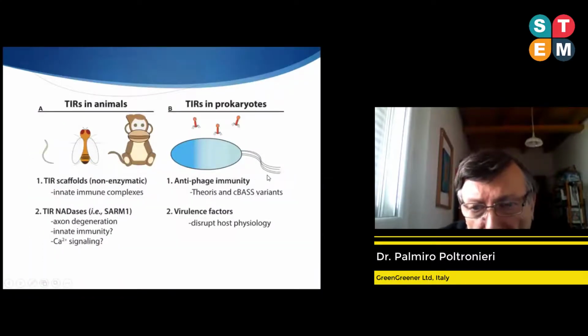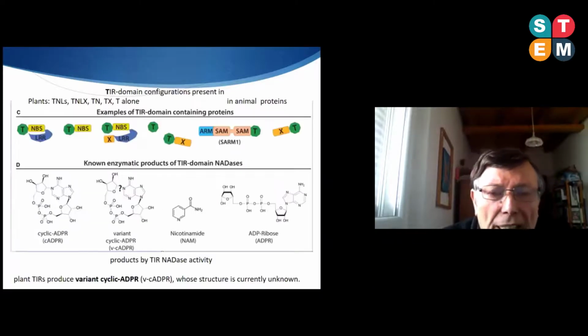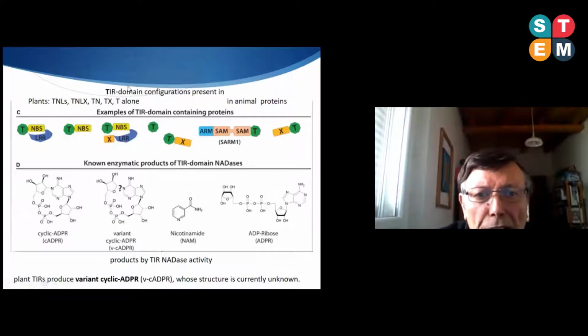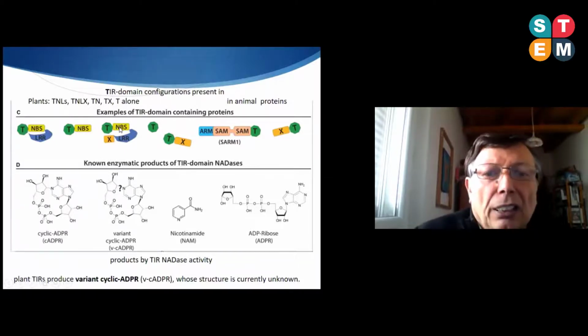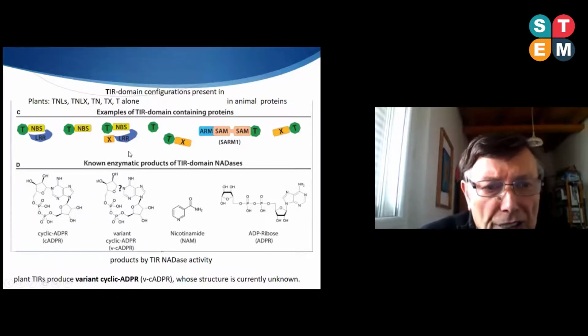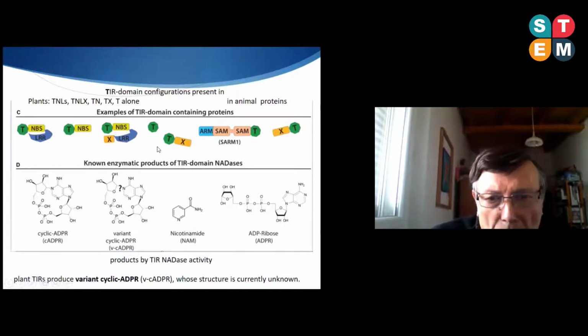And this is just a talk about the other kingdom of life, and this is plants again. So the TIR domain in plants can form modular proteins like the TIR domain alone, the TIR domain associated with the X domain, the TIR domain with the nucleotide binding site leucine-rich repeat region that is typical of resistance proteins, and other possibilities of association.